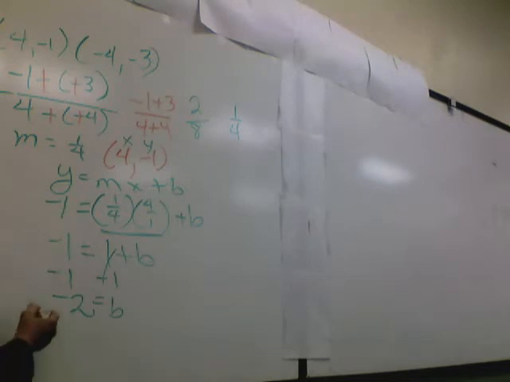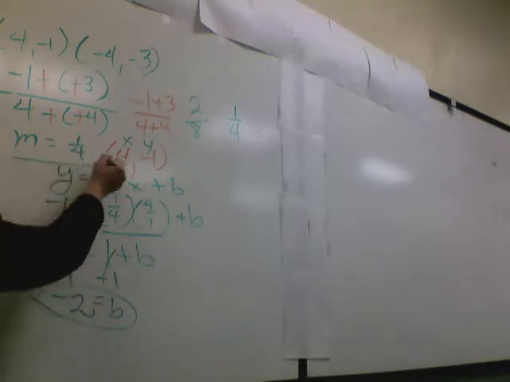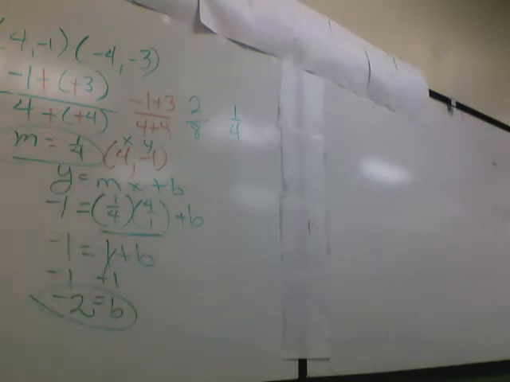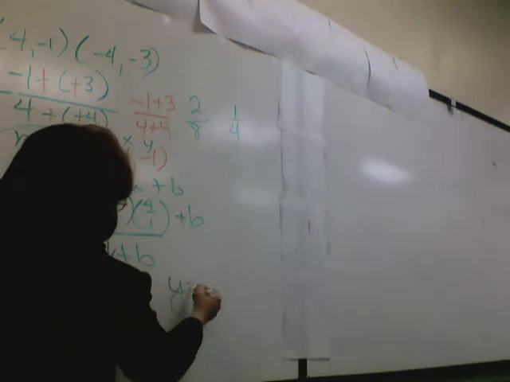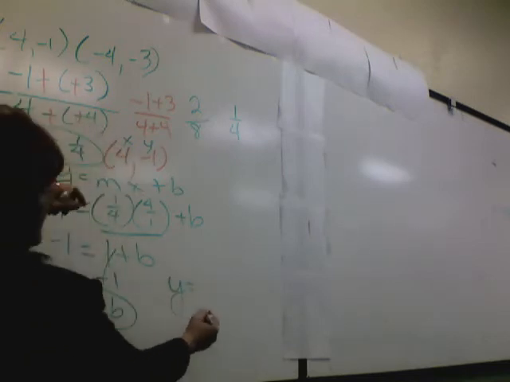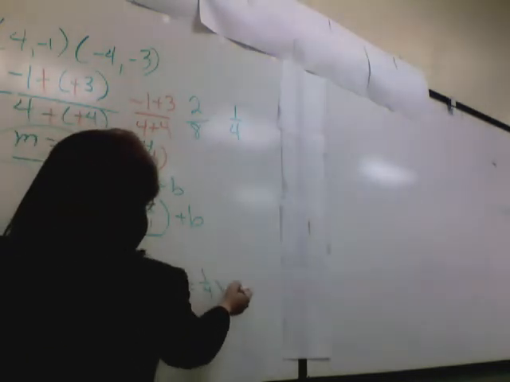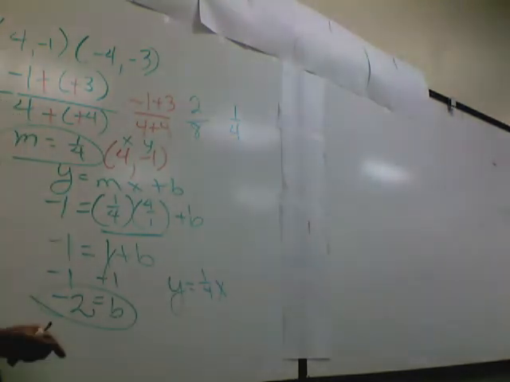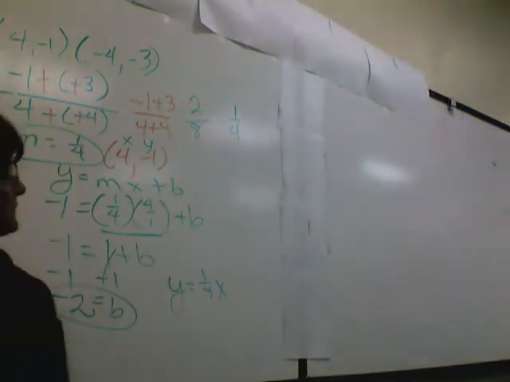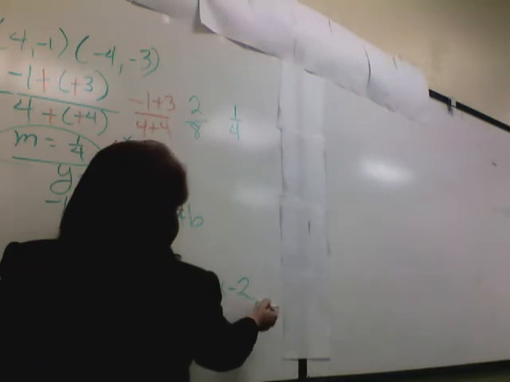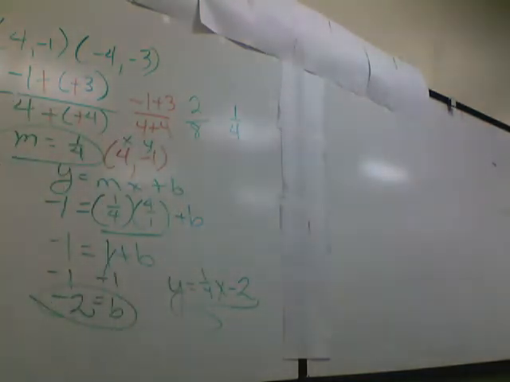And our equation, here's our b, here's our slope. Okay, I think we have room for it over here. Y equals 1/4 x. Then what? Minus 2, because this is a negative 2. Very good.